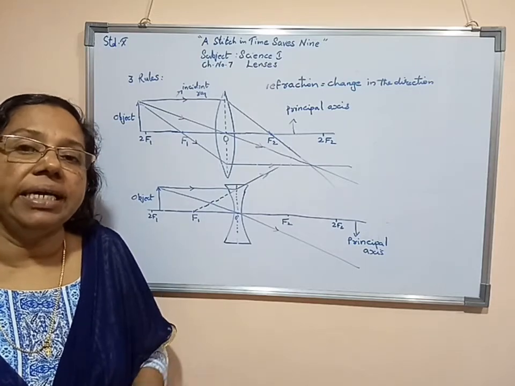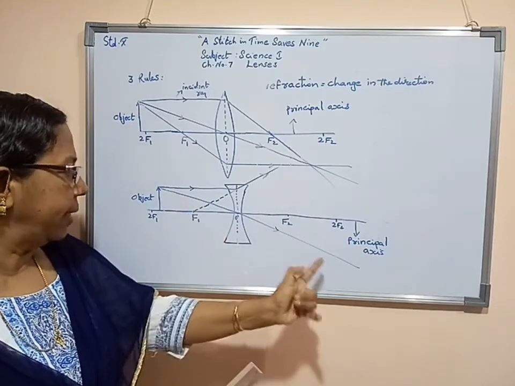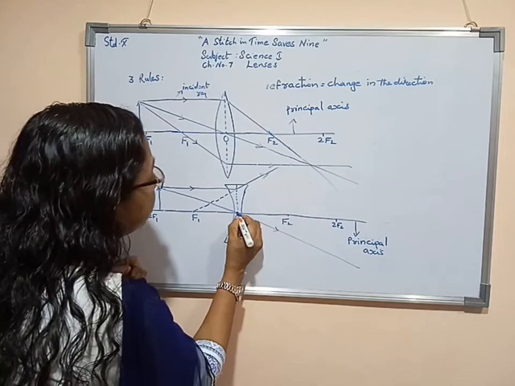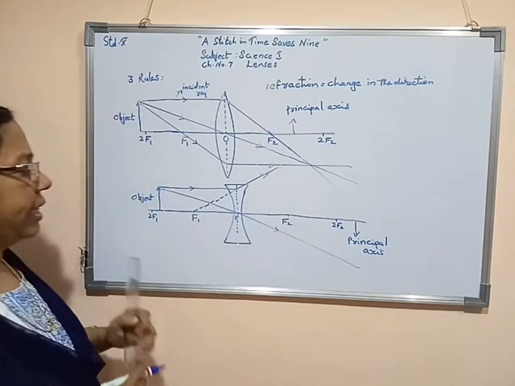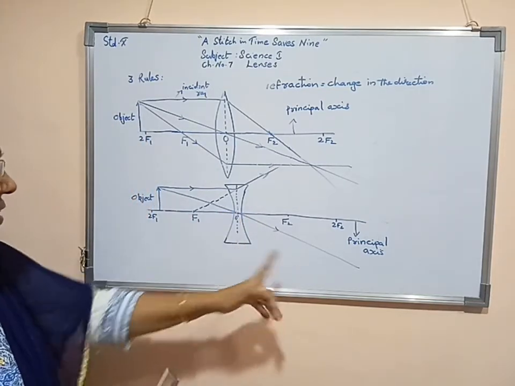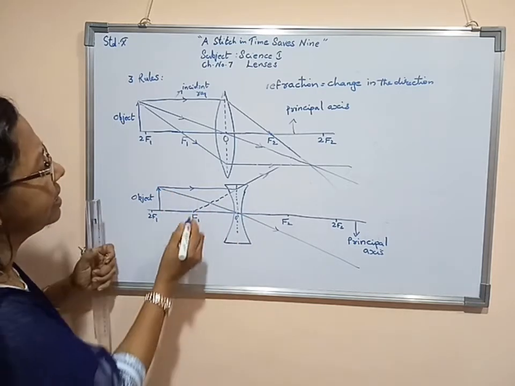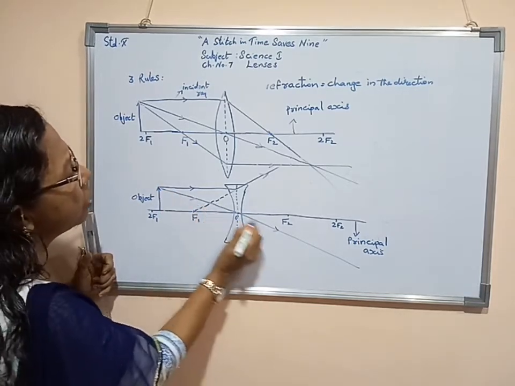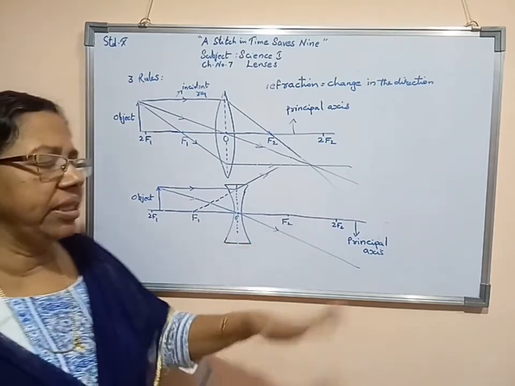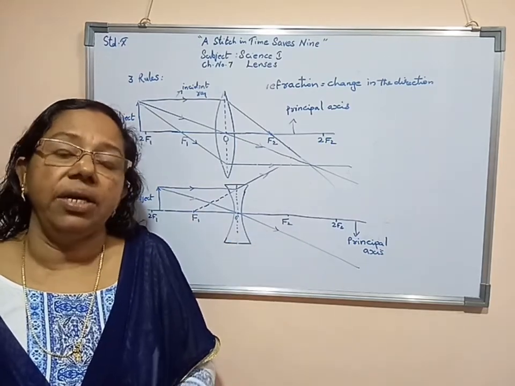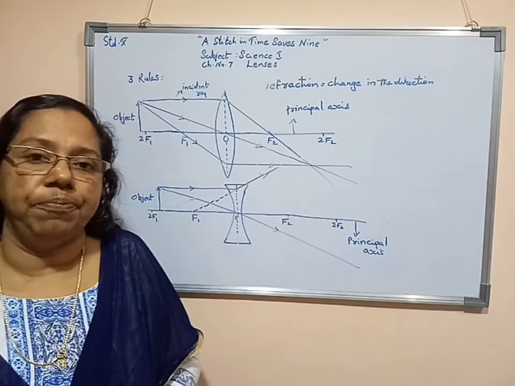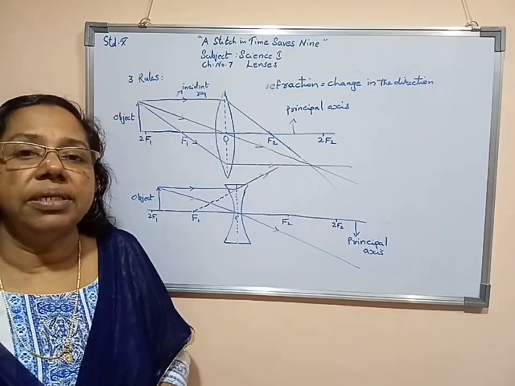No change will be there in the direction of this ray. So this point we can say is the optical center. This ray passes through the optical center without any deviation or refraction.